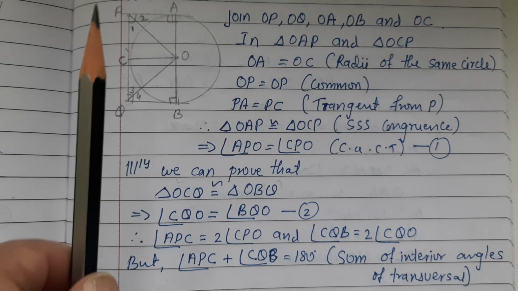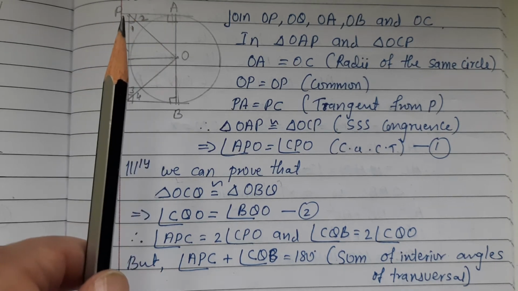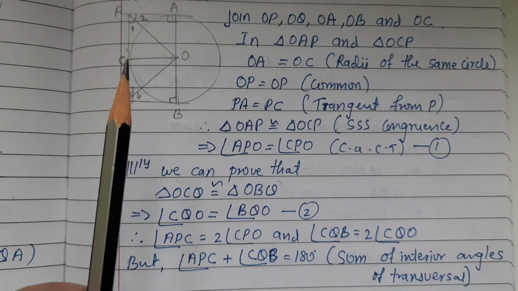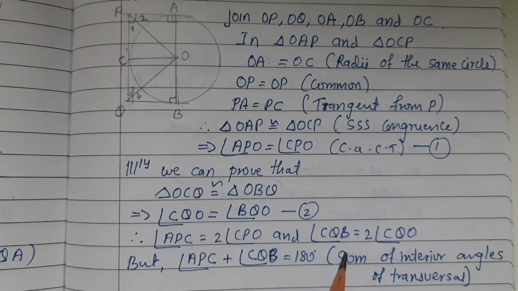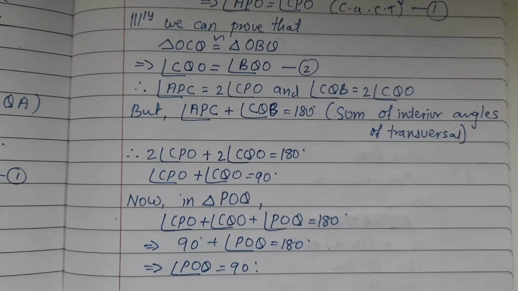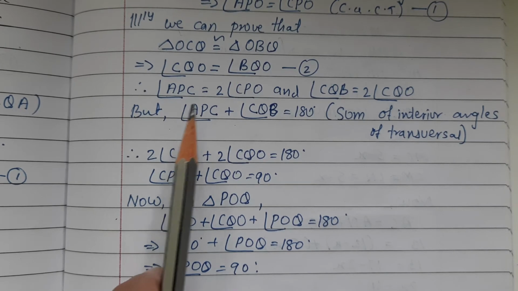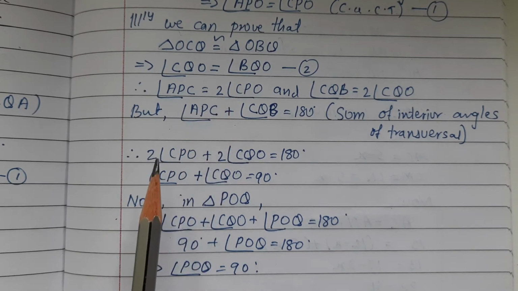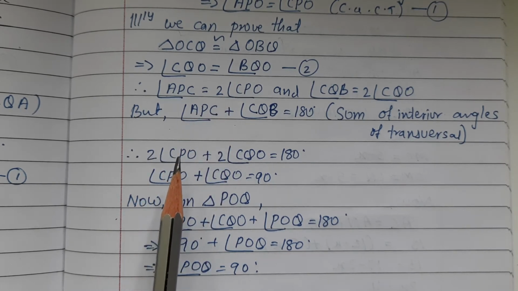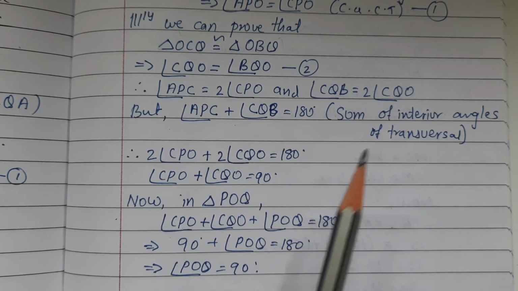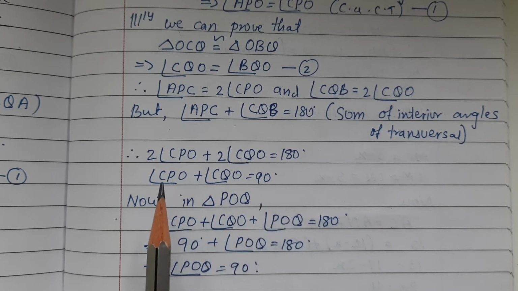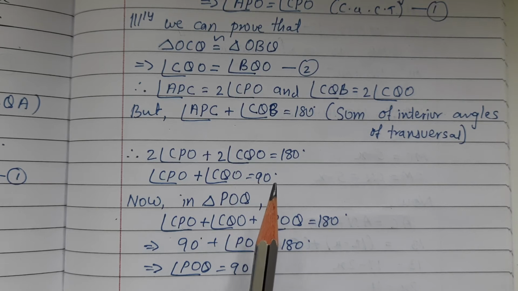But angle APC plus angle CQB is equal to 180 degrees, sum of the interior angles on the same side of the transversal. Therefore, 2 angle CPO plus 2 angle CQO is equal to 180 degrees. Therefore, angle CPO plus angle CQO is equal to 90 degrees.